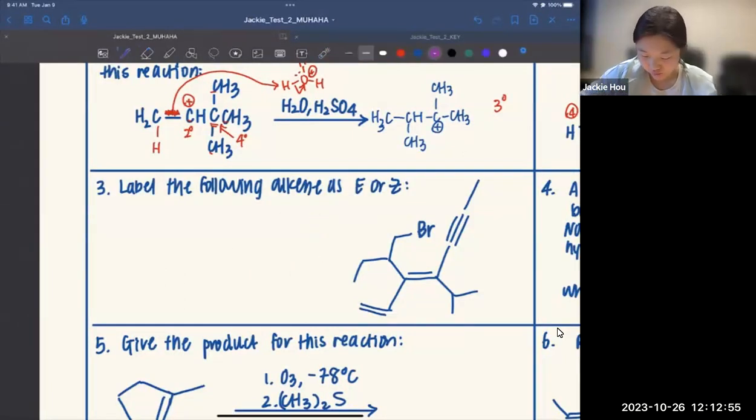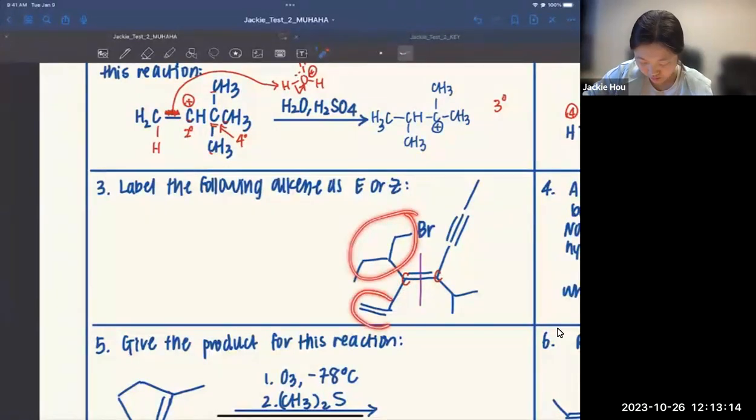In this example over here, we first see that we have our two sp2 carbons connected by a double bond. And if I divide this in half, I can tell that on this carbon I have two different groups over here. And so I also want to check my other side, and I see I have two groups that are different over here.